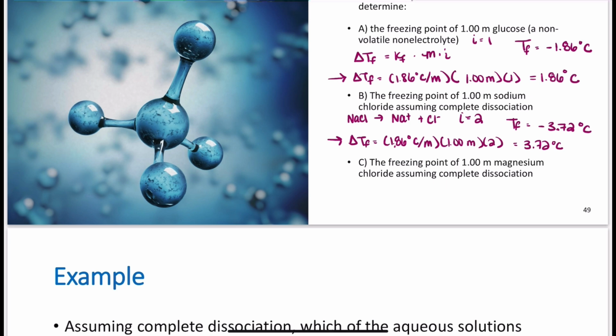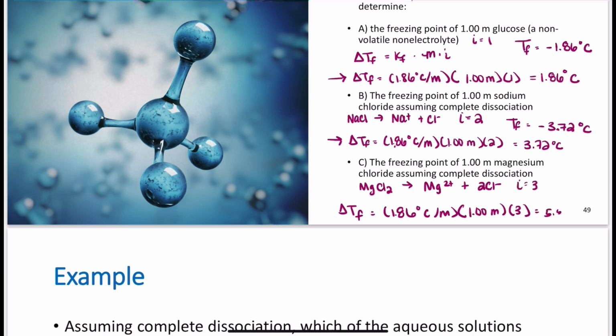And what is the freezing point of a 1 mol solution of magnesium chloride assuming complete dissociation? Magnesium chloride is MgCl2, which splits up into Mg2+ ions and 2 moles of Cl- ions. So delta Tf is equal to 1.86 degrees C per mol times 1 mol times 3. It has an I value of 3, it splits up into 3 things.